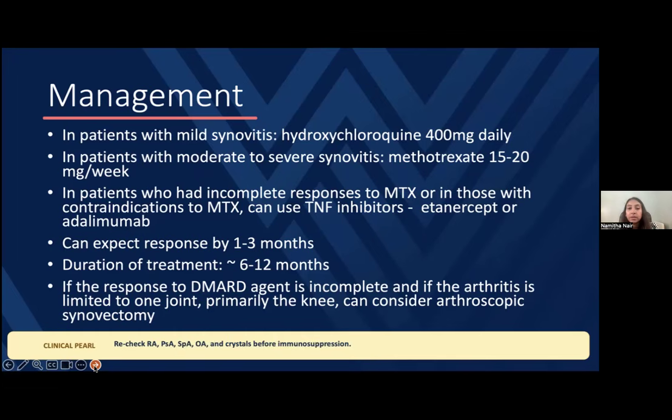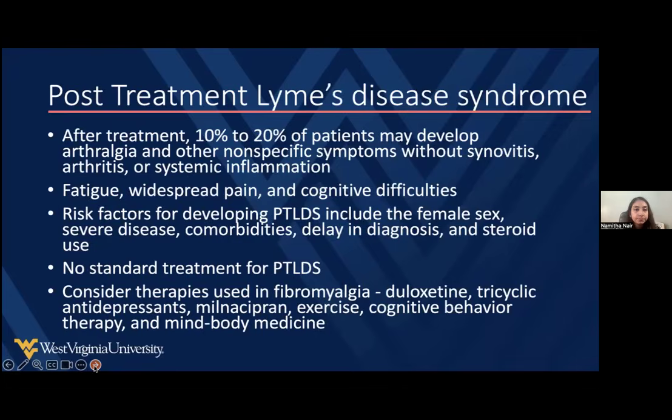At this point, you're checking alternative etiologies, like rheumatoid arthritis, a psoriatic arthritis picture, a spondyloarthritis, or is it just really bad erosive OA, or a crystal disease? So before starting immunosuppression, it would be worthwhile to recheck these.